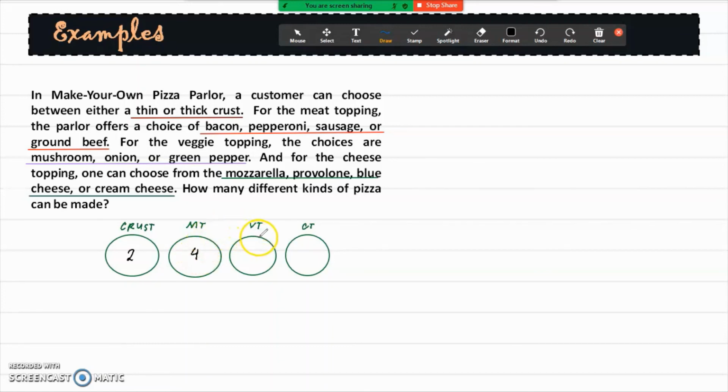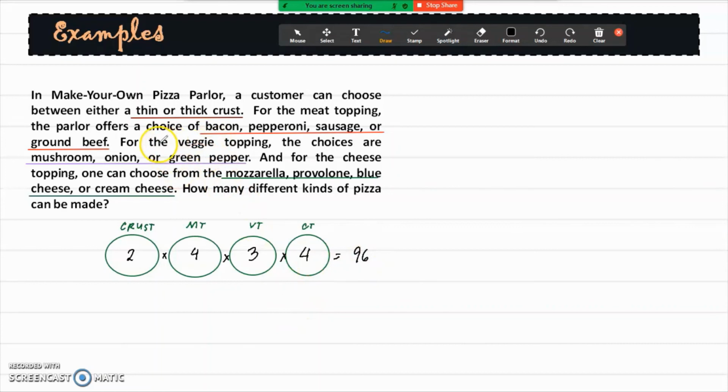For the veggie topping, we have mushroom, onion, or green pepper, so that's 3. And for the cheese topping, we have mozzarella, provolone, blue cheese, or cream cheese, so that's 4 options. Now multiplying 2 times 4 times 3 times 4, it will give us 96.